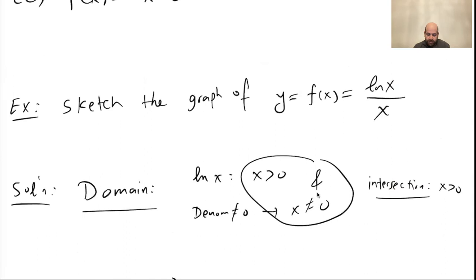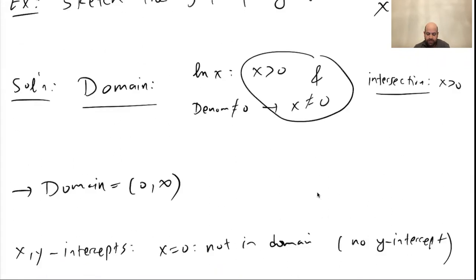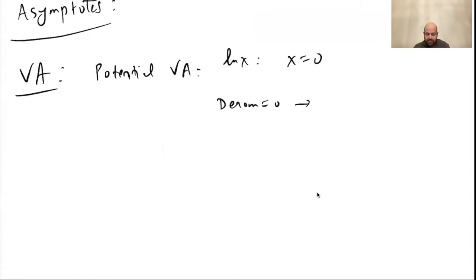But denominator is also x. So it's just coincidental here that the expression inside the logarithm is x, and denominator is also x. So the values that we get from these two are the same. So we have only one potential vertical asymptote.